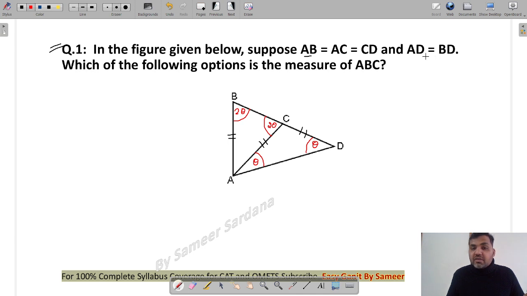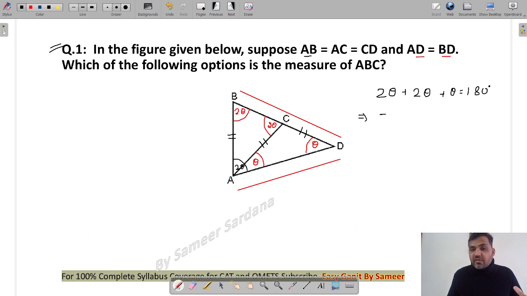Now it's given that AD is equal to BD. AD and BD are the same in length, so the angles opposite these two sides will also be equal. So can I say that this angle will also be equal to 2 theta? Now look at the whole triangle ABD. The sum of all the angles of this triangle, 2 theta plus 2 theta plus theta, will be equal to 180 degrees.